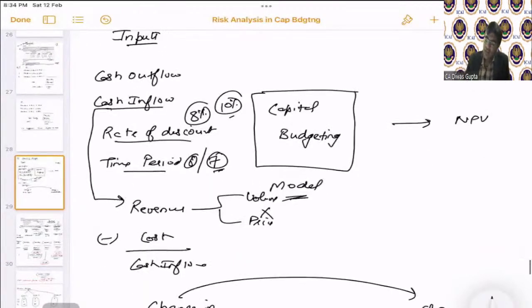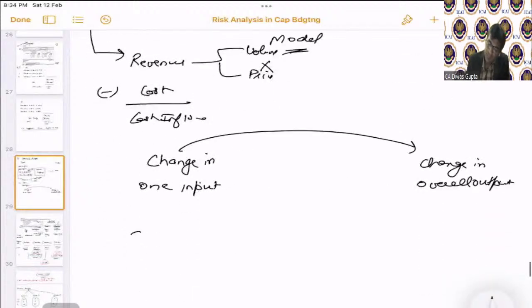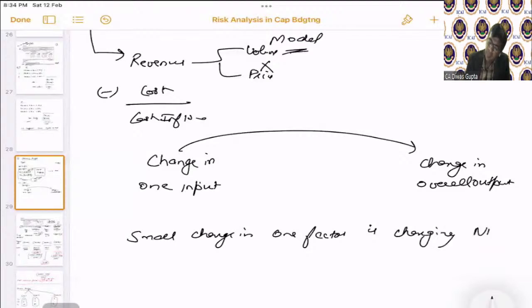Now, if a small change in one factor is changing NPV to a larger extent, that means the factor is sensitive.